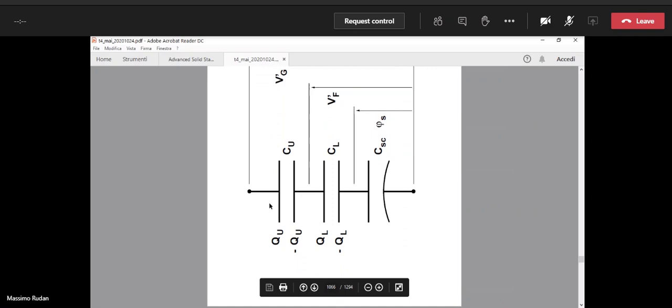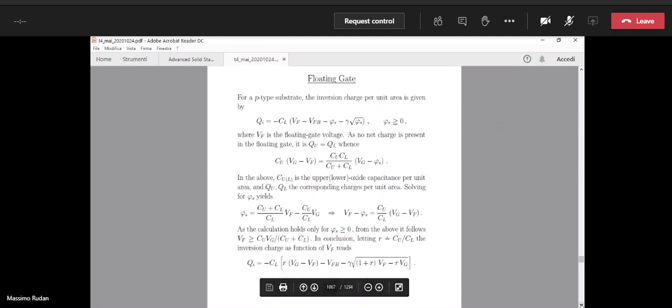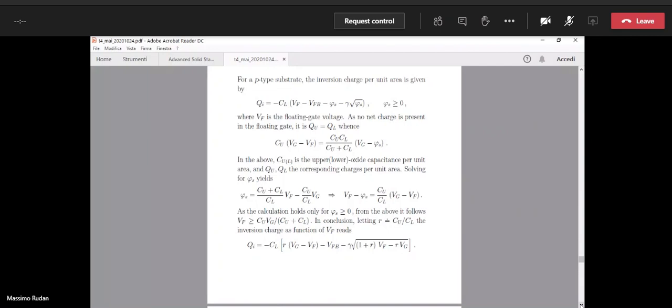the charge that belongs to, you may think of it as the charge that belongs to a series of two capacitors, Cu and Cl, okay? So we may write Qu as the expression of the series of the two capacitors, times the voltage drop corresponding to the two capacitors, that is Vg minus phi s, okay?